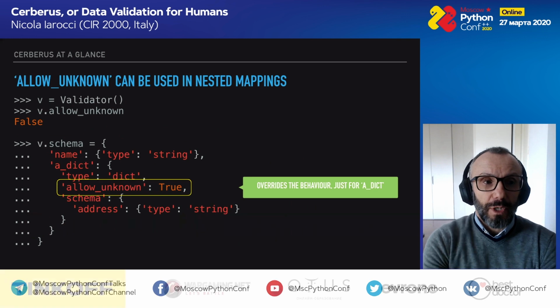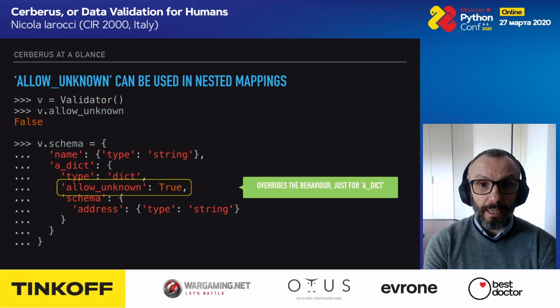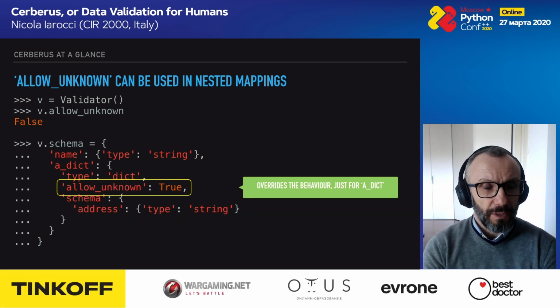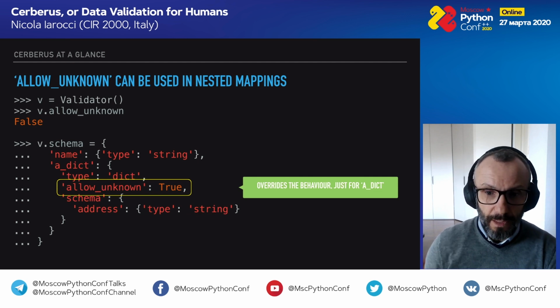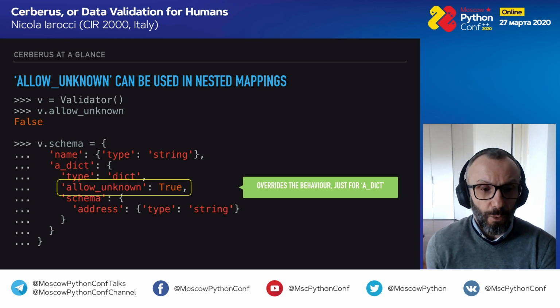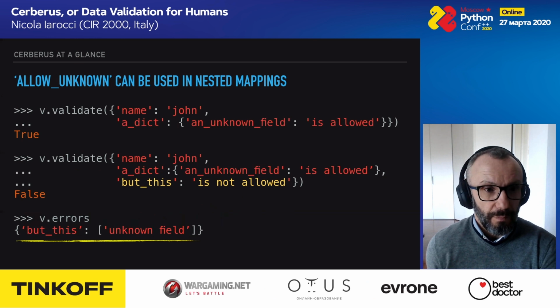You can also use allow unknown in nested mappings. This is an interesting schema. Here we have a document which has a subdocument. The field is called edict, and you see that in this subdocument we allow unknown fields. So we override the default behavior just for our subdocument.